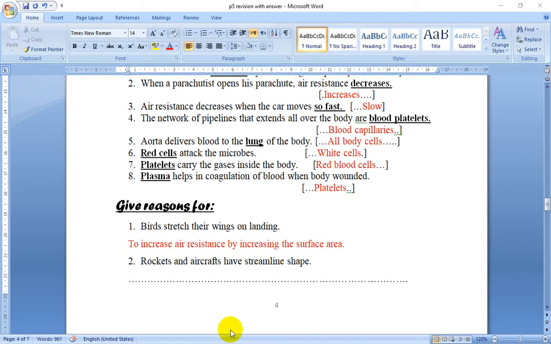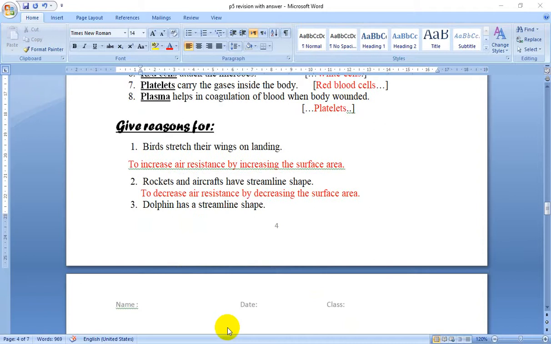Number 2, rockets and aircraft have a streamlined shape. So this is the opposite: to decrease the air resistance by decreasing the surface area. So rockets and aircraft have a streamlined shape to decrease air resistance by decreasing the surface area.